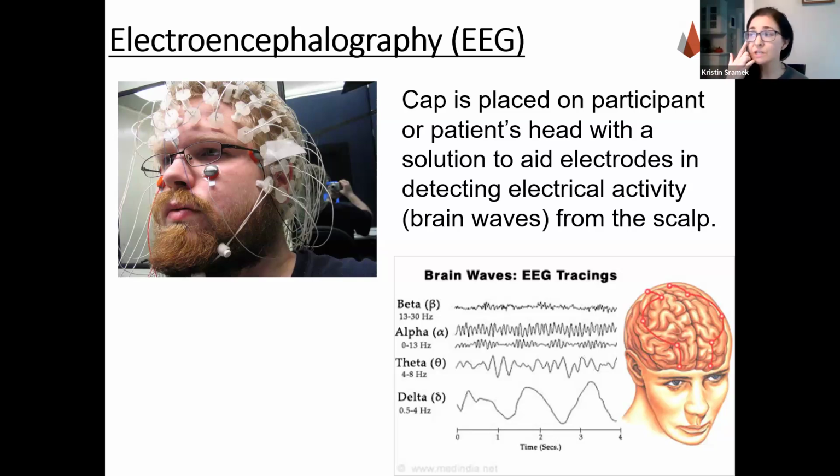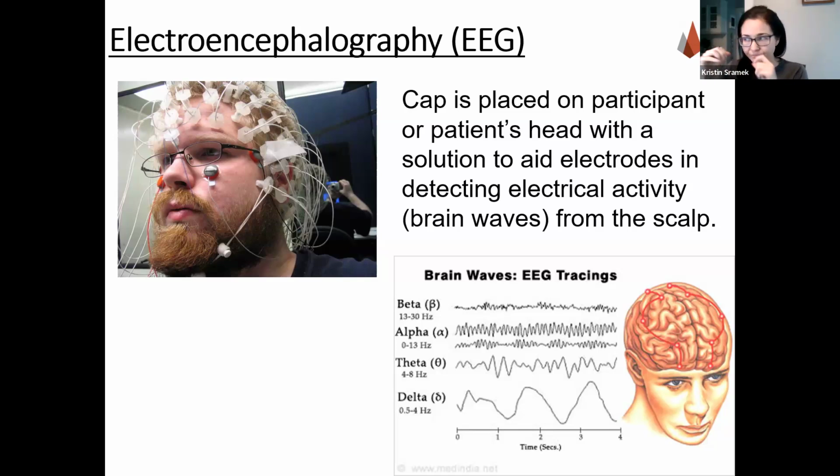So you can see in the image here, we have a cap that's placed on a participant or a patient's head, and these electrodes have to transmit. They're not really transmitting to the brain, they're reading the signal off of the brain, but transmission is required regardless, because remember we talked about when neurons fire, it's an electrical process. We have the exchange of ions that's happening in order for that to occur.